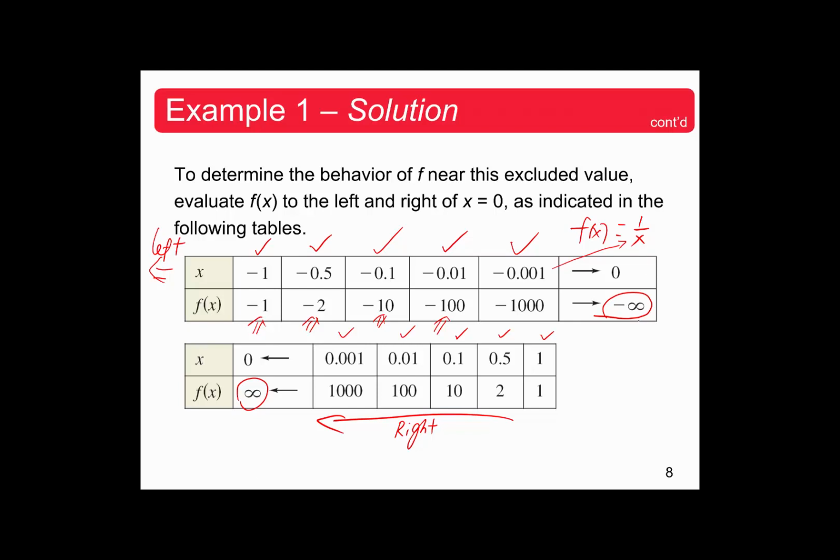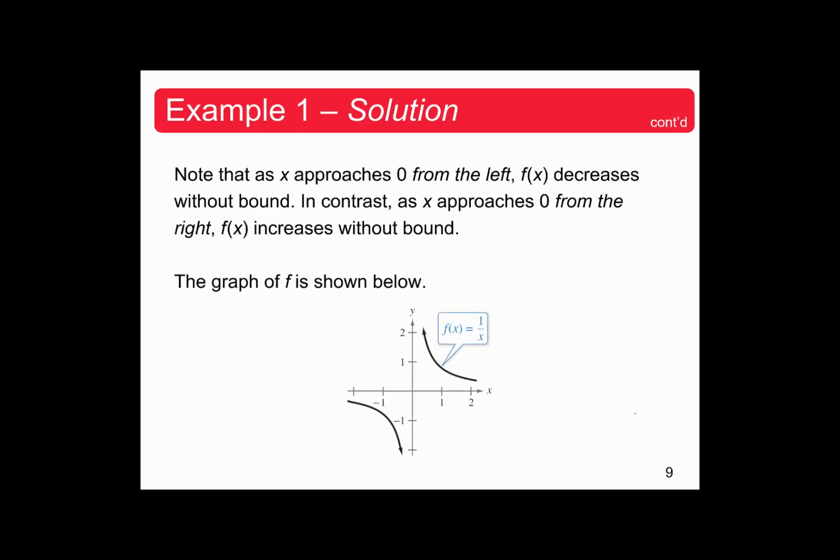As you can see, since it goes to negative infinity and positive infinity, it becomes a vertical asymptote. So this is a typical vertical asymptote, defined in this particular setting. The vertical asymptote for this function is x equals 0. As x approaches 0 from the left, f of x decreases without bound. In contrast, as x approaches 0 from the right, f of x increases without bound.